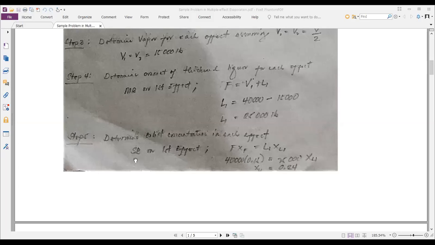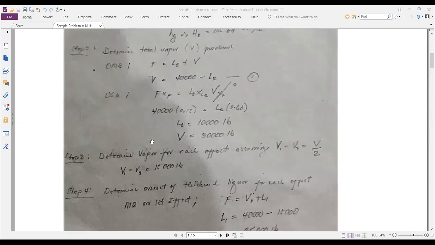You don't do material balance. You do solid balance because that's where you're going to see the X or the solid content of your streams. So the solid content of your feed should be equal to the solid content of your thickened liquor from the first effect. So this is already the solid content of your first effect, 0.24. So we're okay now from steps 1 to 5.